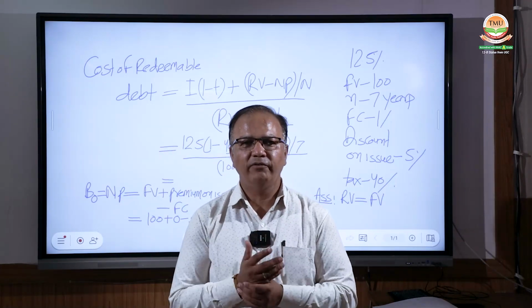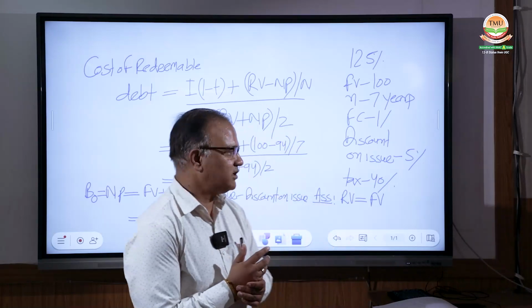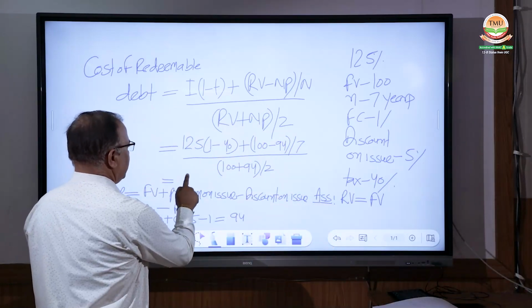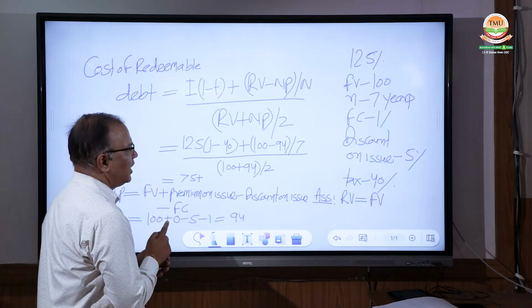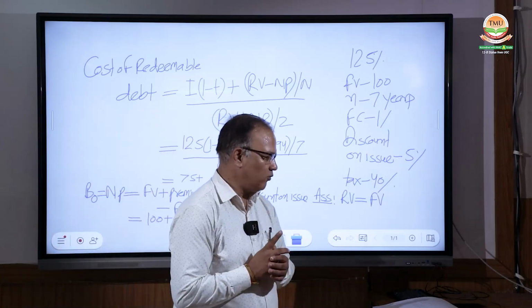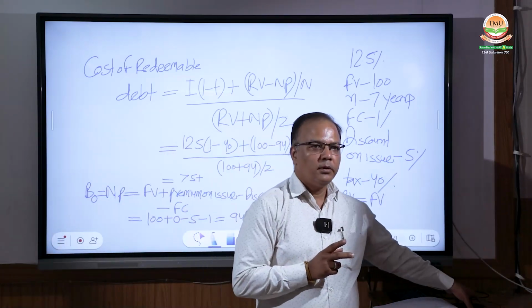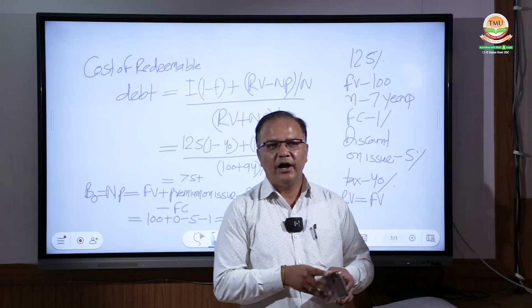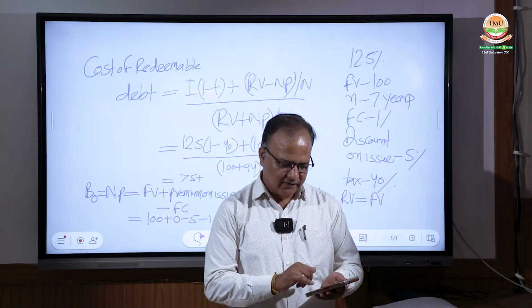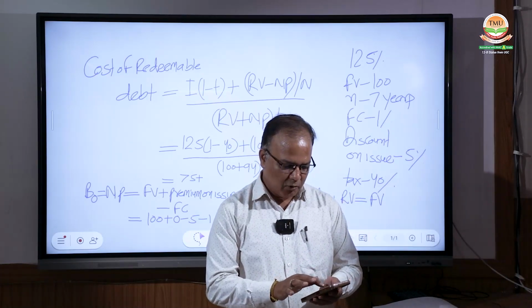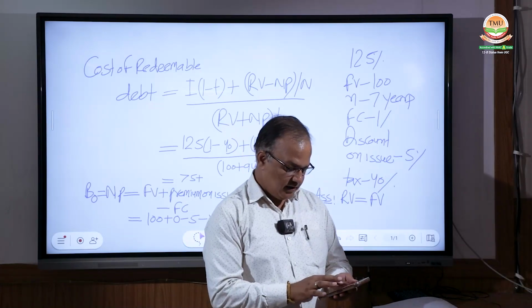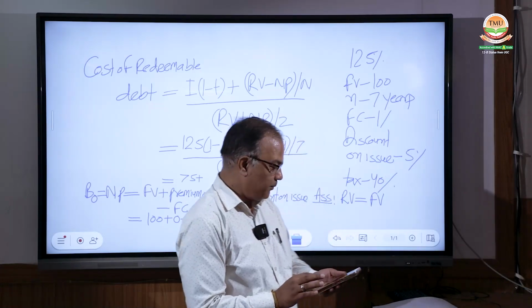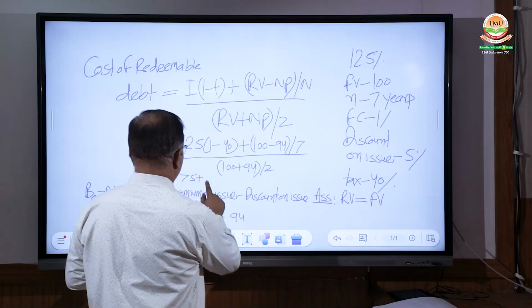So 12.5 into 0.6 is equal to 7.5, plus 100 minus 94 is equal to 6, and 6 by 7. What will be the amount? I have to take the help of a calculator. 6 by 7 will be 0.85.